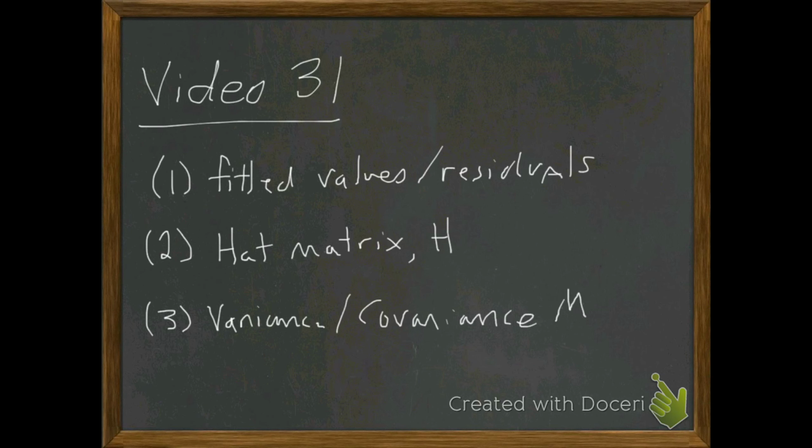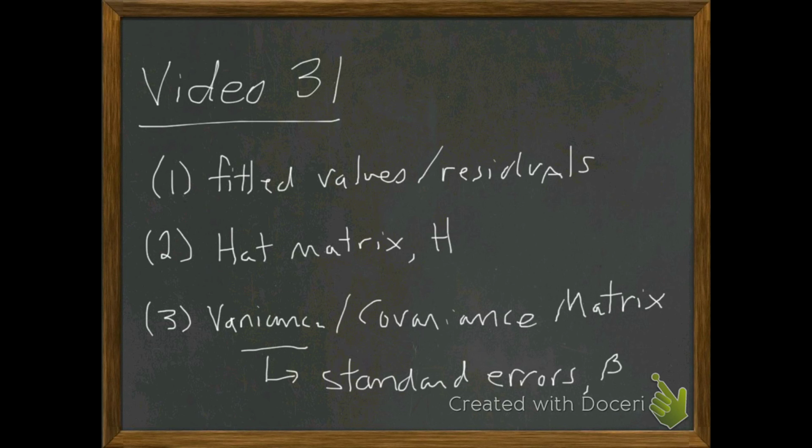What this allows us to do is look at the standard errors for our predictor, in this case B1. Time allowing, I'll get into something called a variance covariance matrix for the residuals. I'll add that in at the very end if time allows.